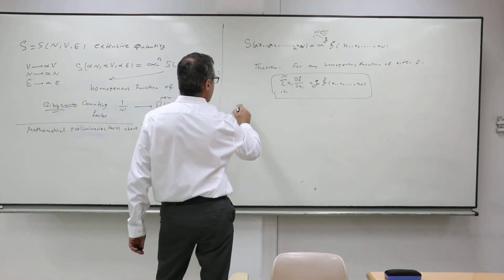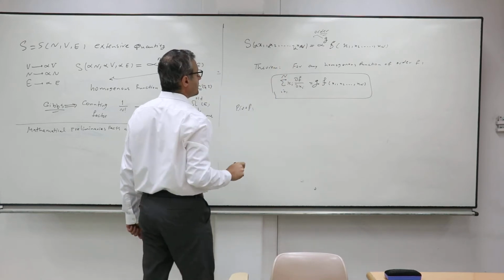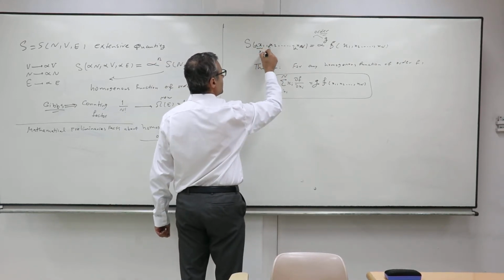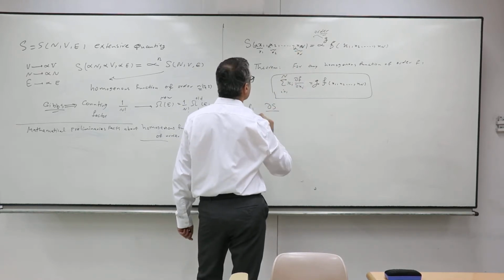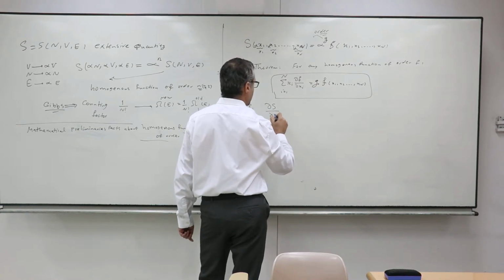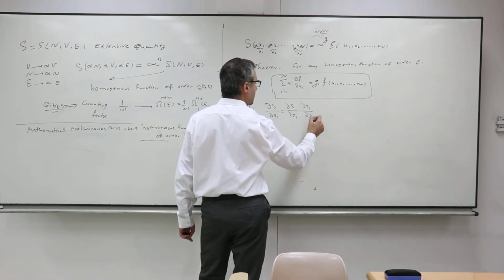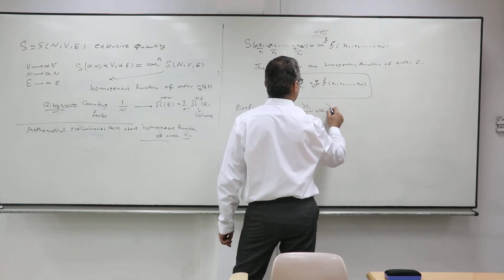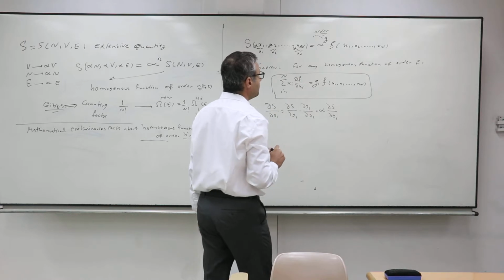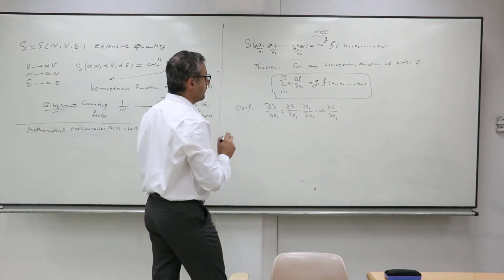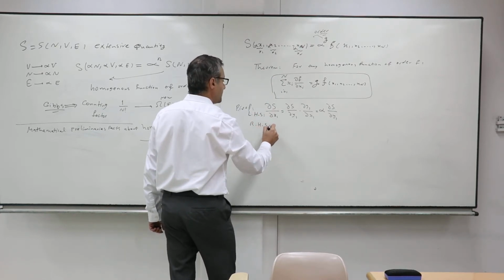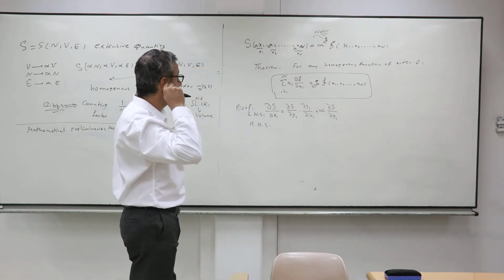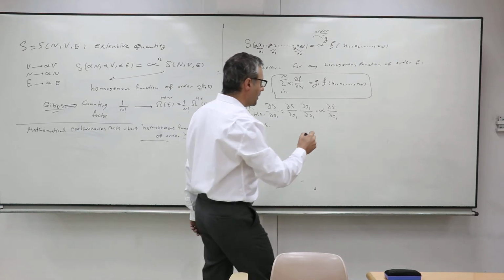The proof is very easy. Just take the derivative with respect to xi, but set y1, y2, yn equal to alpha x1, alpha x2, and so on. The partial derivative with respect to x1 will be the partial derivative of S with respect to y1 times the derivative of y1 with respect to x1, which is alpha times the partial derivative of S. This is from the left hand side.